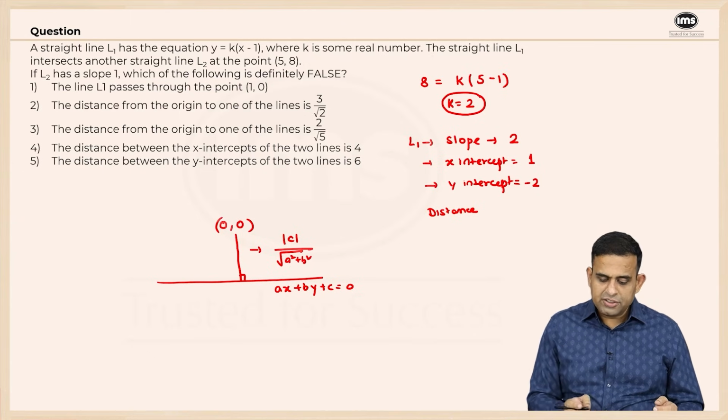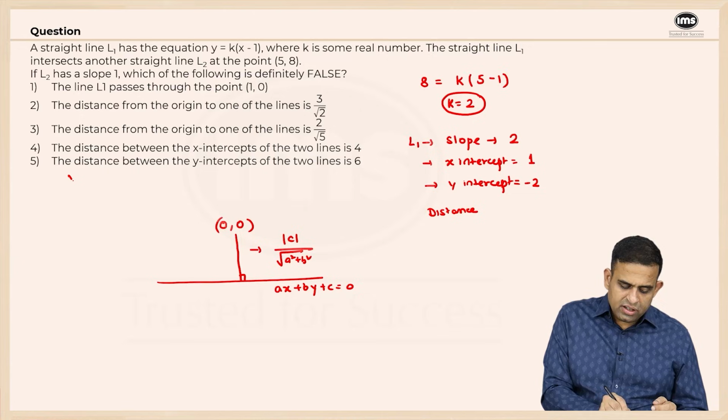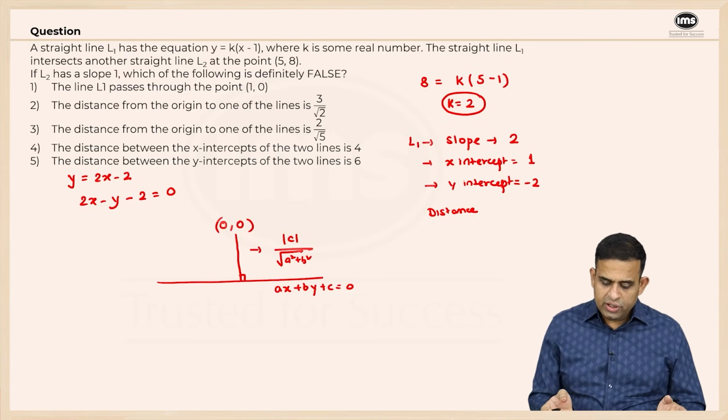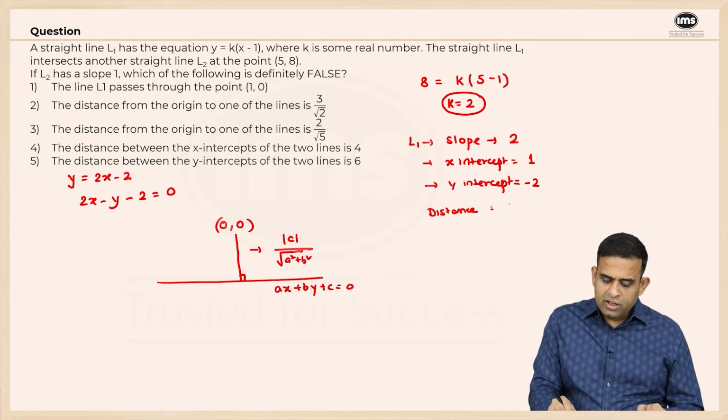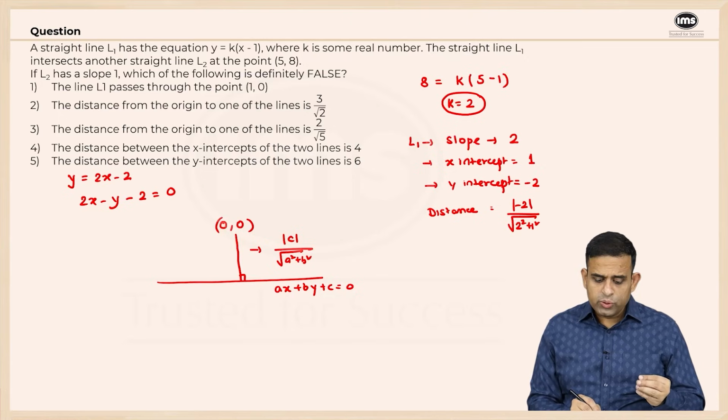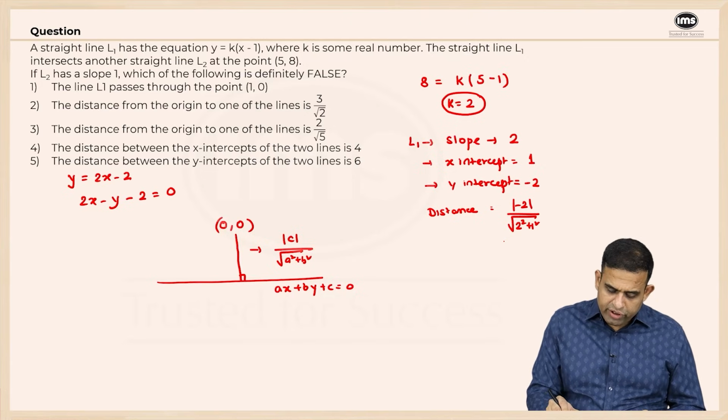In this case, y is equal to 2x minus 2, so 2x minus y minus 2 is equal to 0. Using this simple formula, it will be mod of minus 2 divided by root of 2 square plus 1 square, and this simply becomes equal to 2 divided by root 5.